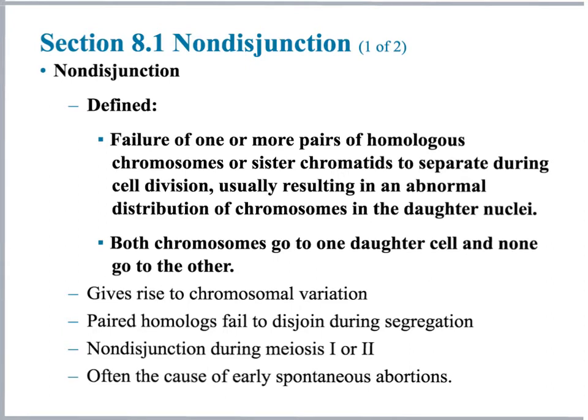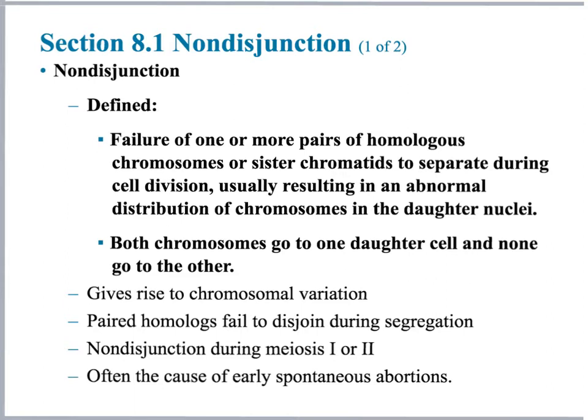So non-disjunction is defined as a failure of one or more pairs of homologous chromosomes or sister chromatids to separate during cell division. It usually results in an abnormal distribution of chromosomes to the daughter nuclei. Both chromosomes go to one daughter cell and none go to the other.